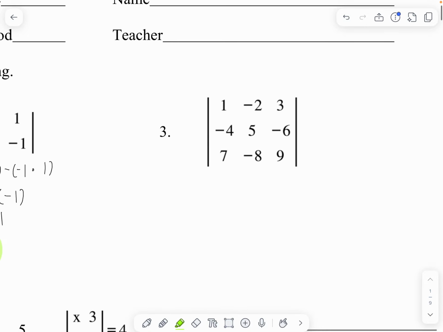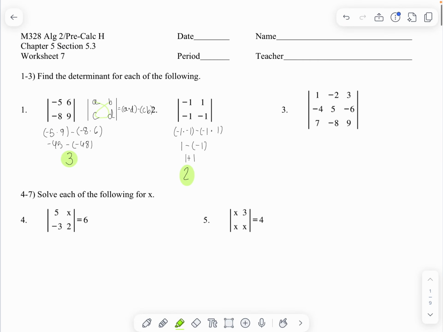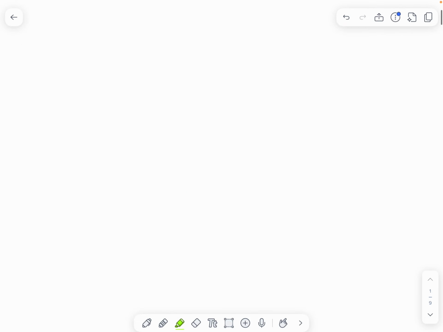And now for the determinant of a 3x3 matrix. So this is where it gets hard. So let me do an example.